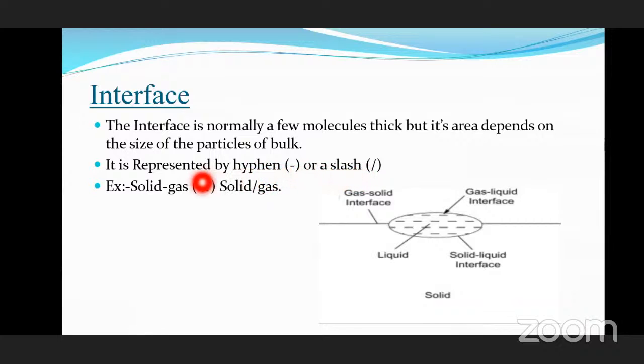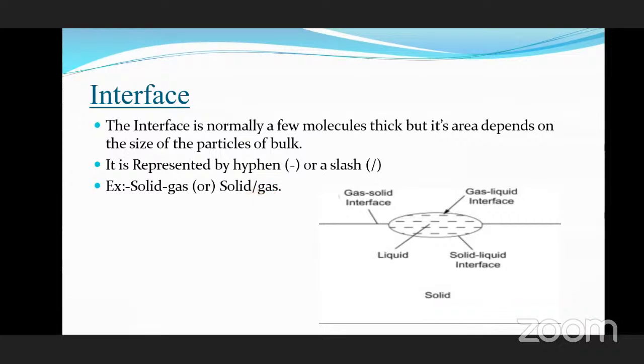For example, a solid interfacing with a gas is shown with a hyphen. The hyphen indicates the interface, meaning the solid interacts with the gas. Or similarly, solid slash gas. Here the slash also indicates the interface between solid and gas.